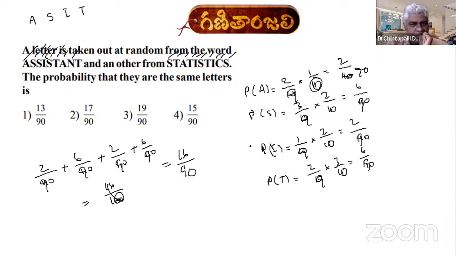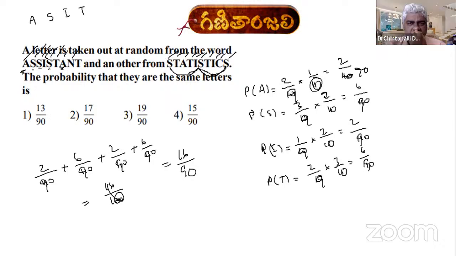Is it 16? 2 plus 6 is 8, 8 plus 2 is 10, 10 plus 6. Clearly 2 T's are there. How many T's? 1, 2, 3. 1 I. Here also 3 T's.